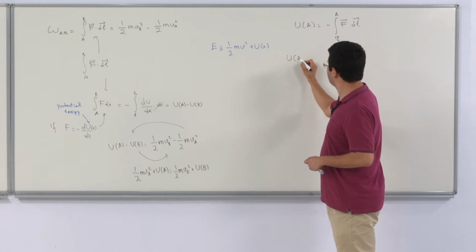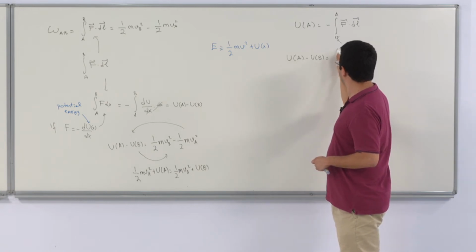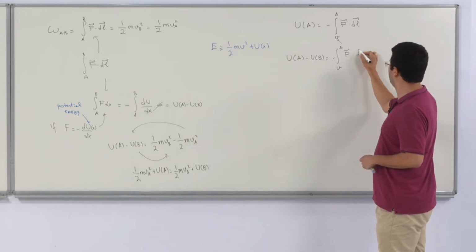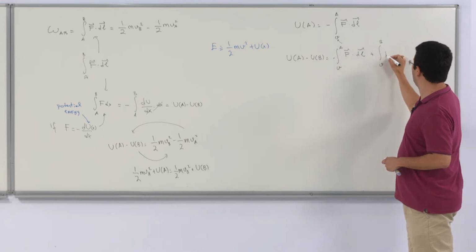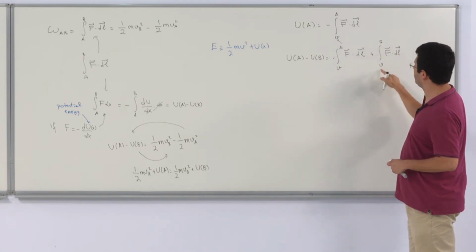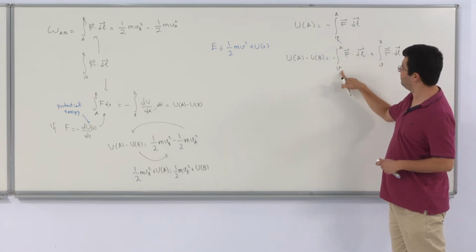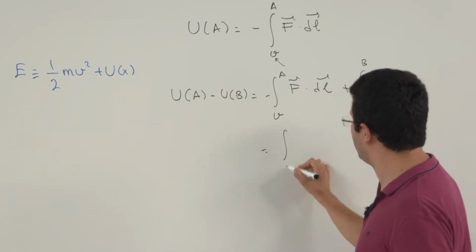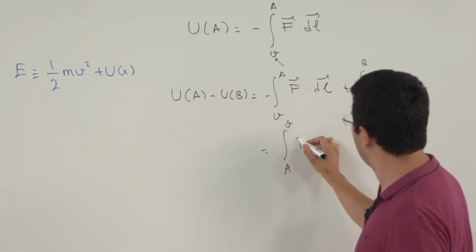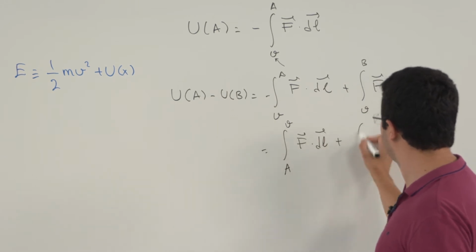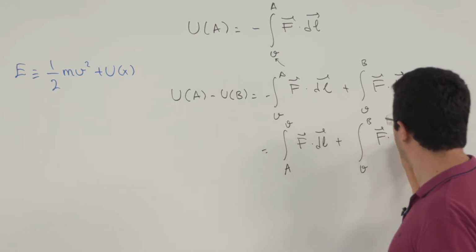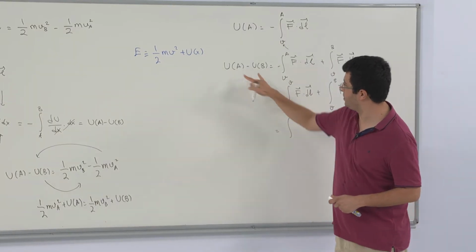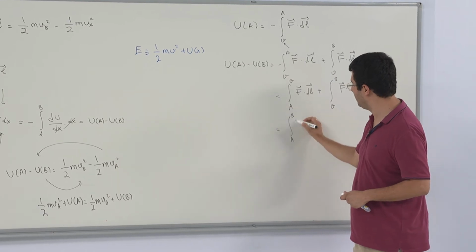So if I calculate the potential difference, that's simply minus the integral from O to A of F dot dl plus the integral from O to B of F dot dl. Although I have defined everything depending on an origin, now I just change the boundaries of this integral, which flips the sign, so I get from A to an origin F dot dl plus the origin to B F dot dl, which simply tells me that the change of potential energy, which is the potential difference, doesn't care about the origin.